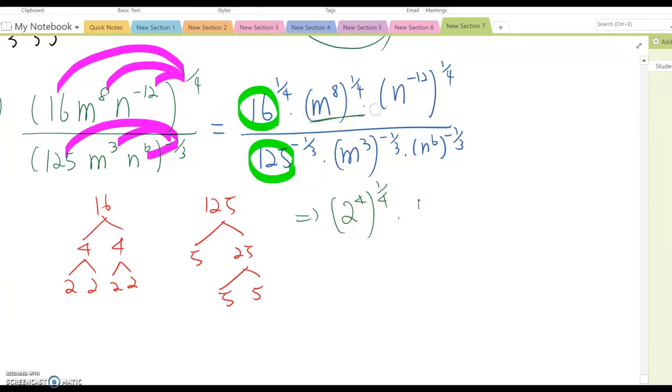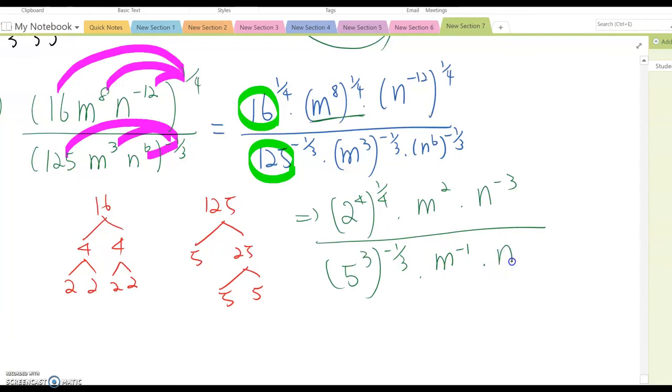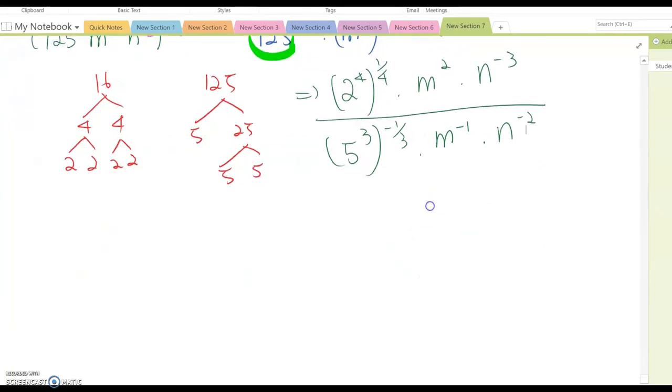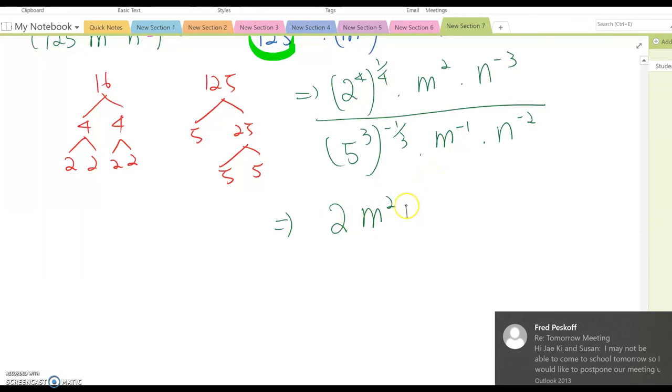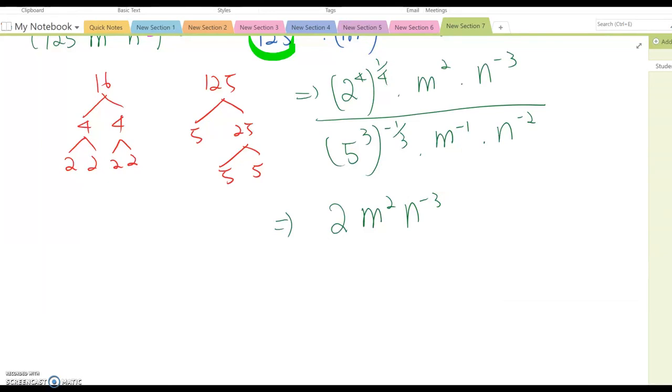Now you can simplify, then m squared and then n to the negative third over 5 cubed to the negative 1/3, m to the negative 1 and negative 2. Okay, so this becomes 2 m squared and n to the negative third over 5 to the negative 1, m to the negative 1 and negative 2.